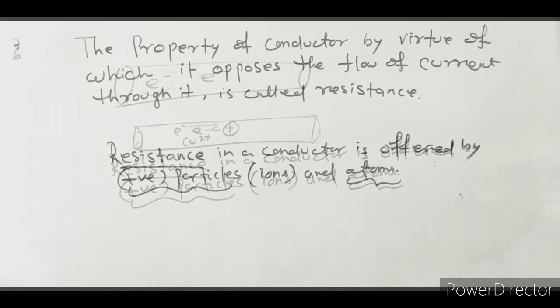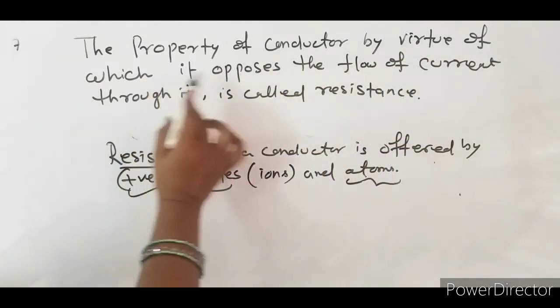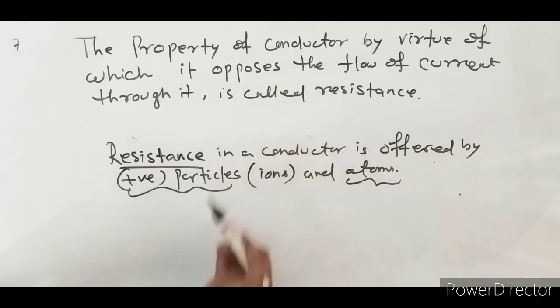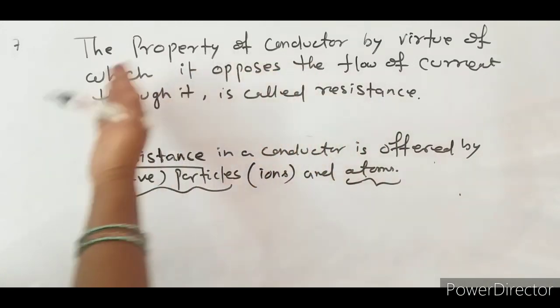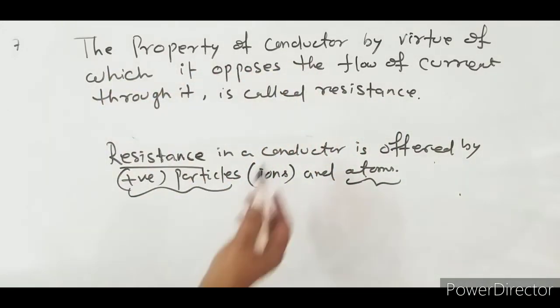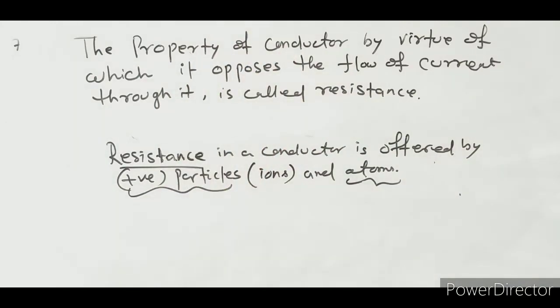Clear? So now comes the definition of resistance. It is the property of a conductor by virtue of which it opposes the flow of current through it. When the current flows, somebody opposes its motion. That is known as resistance. This is one of the properties of the conductor. Each conductor acts as a resistor.